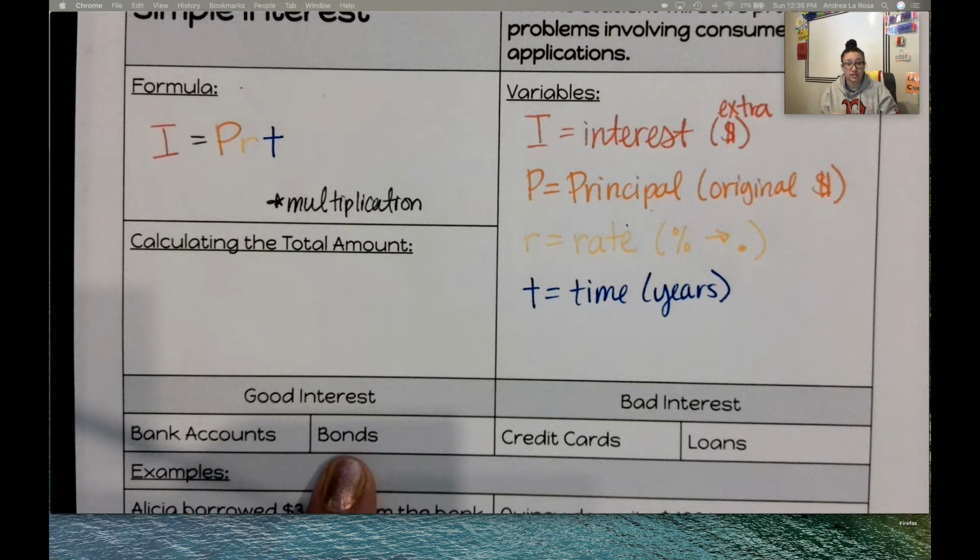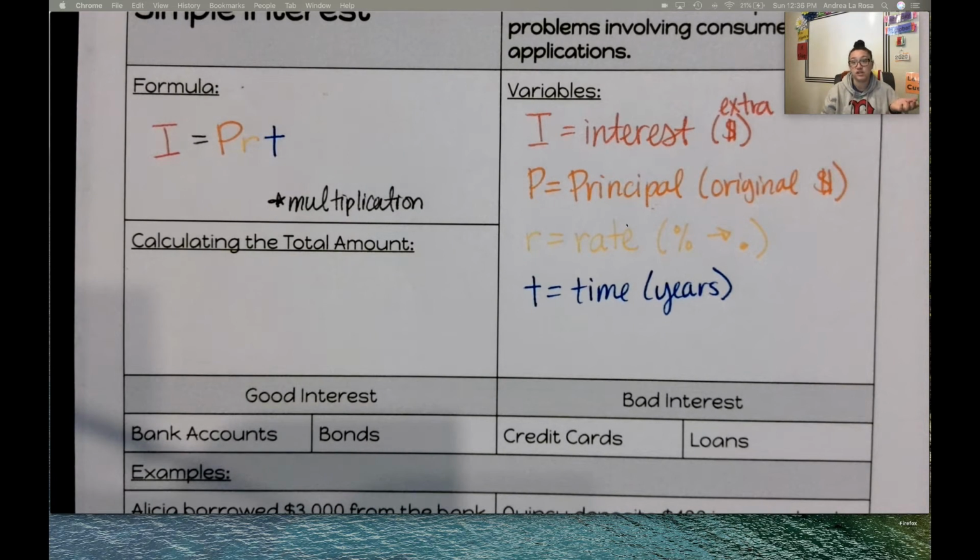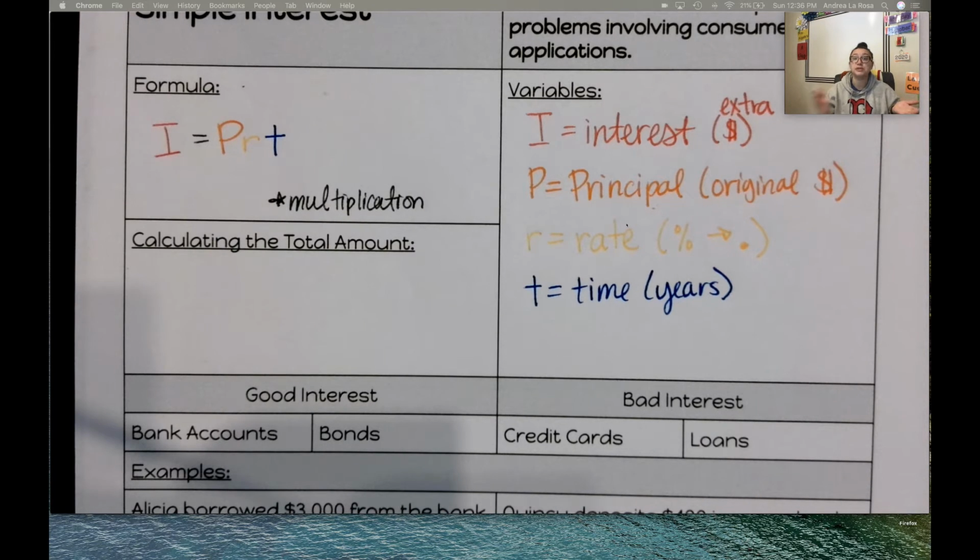A bond, I don't know if they're as popular anymore, but when I was growing up, my grandparents and great grandparents put money into a bond, which meant that they gave the government money so the government could spend now. But then when I got older, that amount of money increased. So maybe they gave me $100, and that bond turned into $500 or $600. So that was good interest. They got free money just from putting it aside.